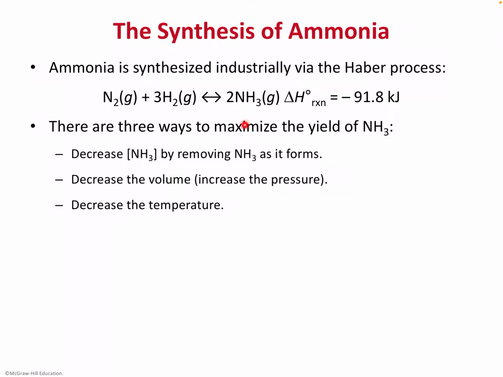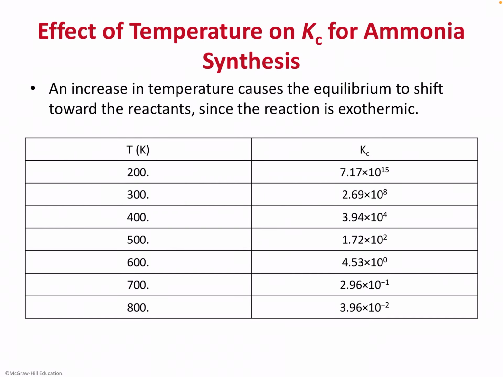By looking at the equation, we can decide all of these methods make sense, right? And in fact, here's the Kc, the equilibrium constant, at different temperatures. You see temperature 200, Kc 7.17 times 10 to the 15.